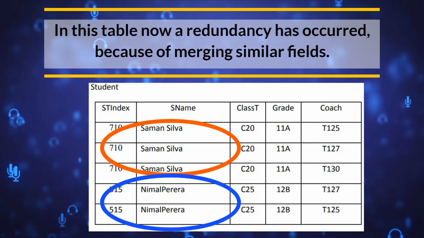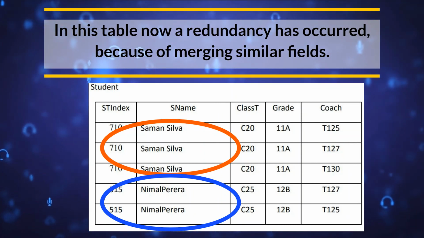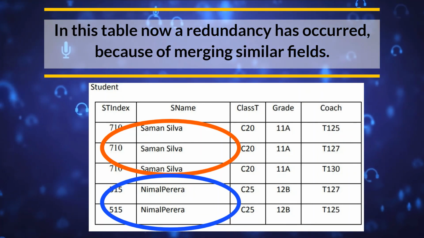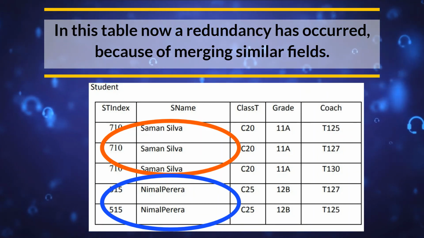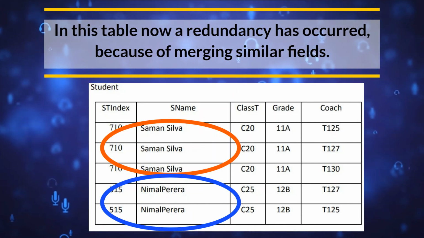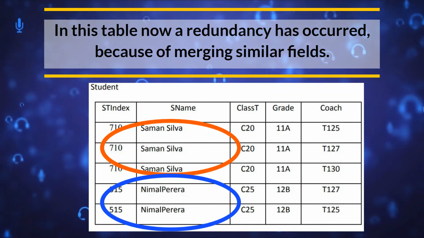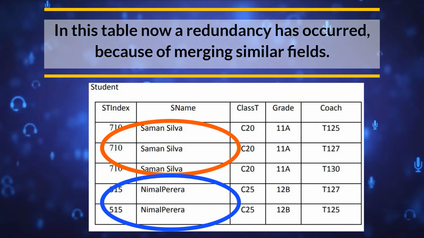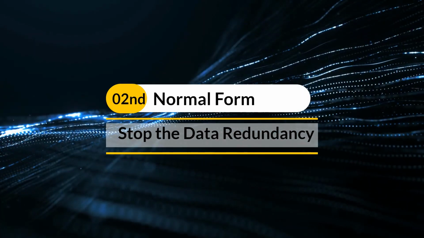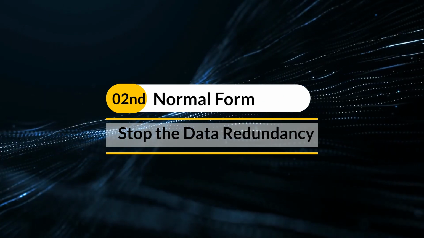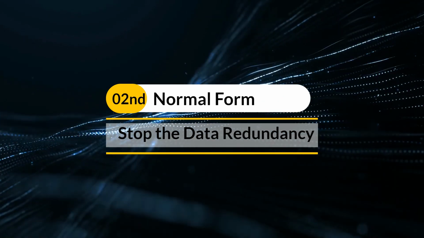But now, in this newly created table, you can see a redundancy has occurred because of merging similar fields. So because of the redundancy, the same data will be appearing again and again. To stop the data redundancy of the above mentioned table, we have to take it to the second normal form.